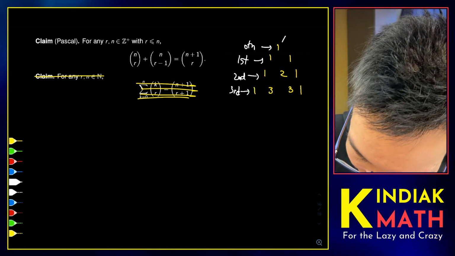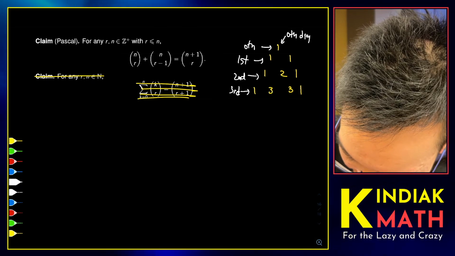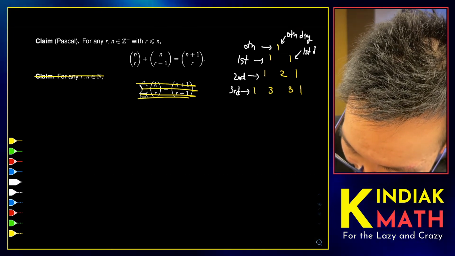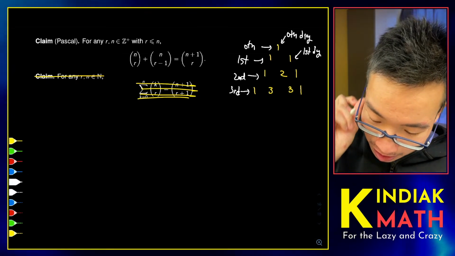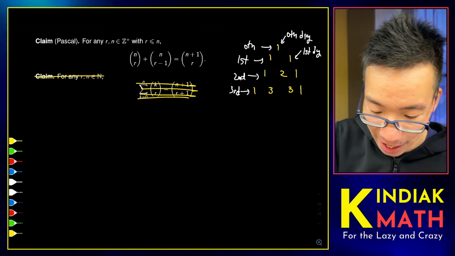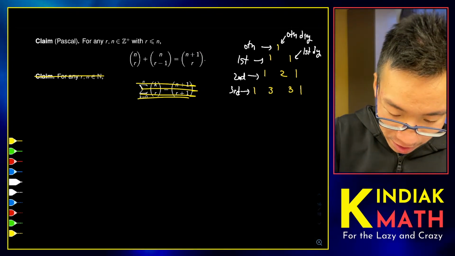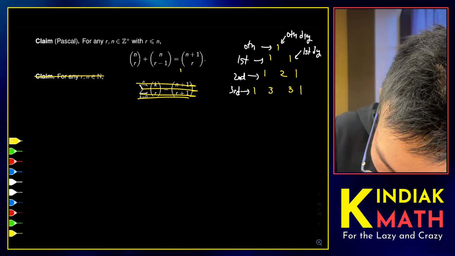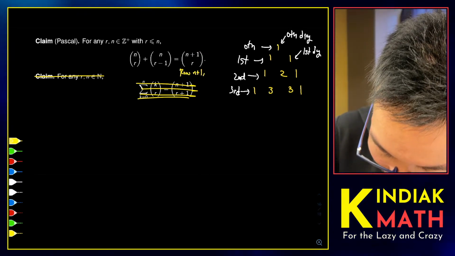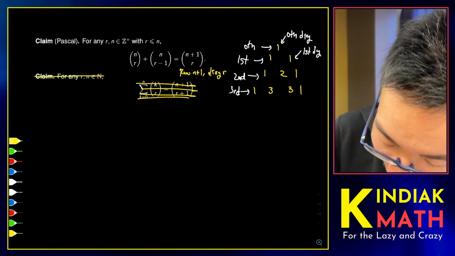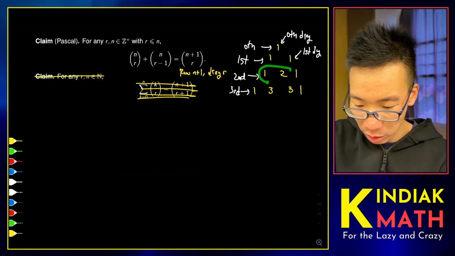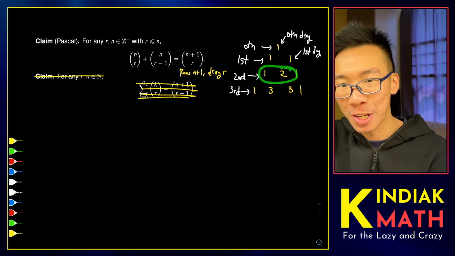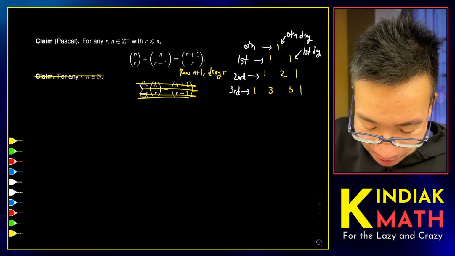So 0th diagonal, 1st diagonal, 2nd and 3rd, and so on and so forth. In other words, we are saying that the n plus 1 row and diagonal r is given by the sum of the 2 items in the previous row. Okay, so that's the rough idea.